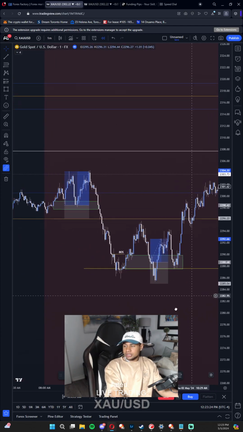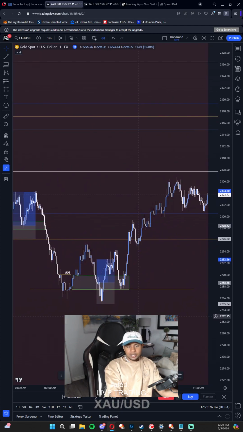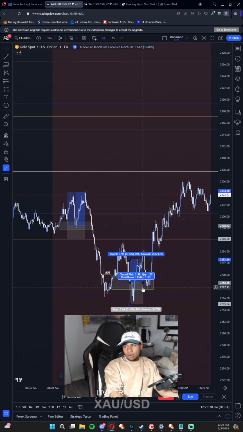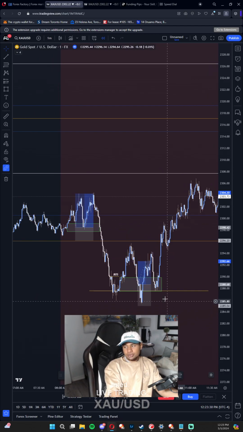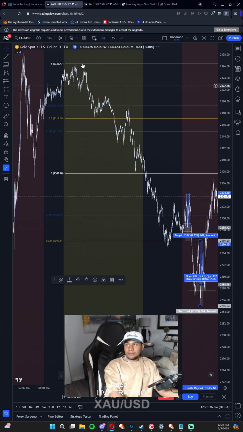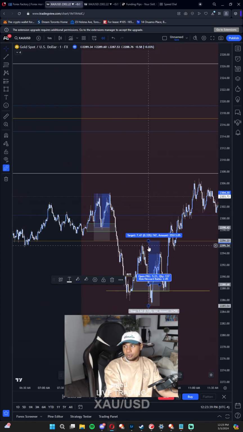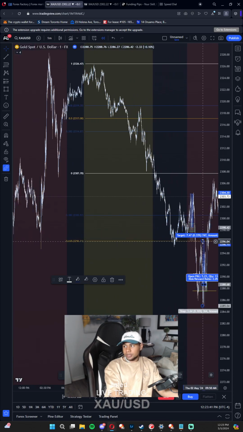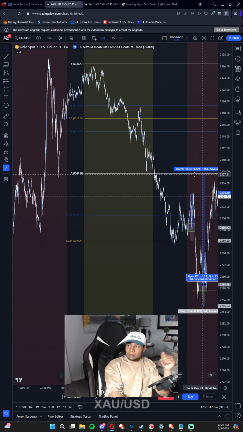Now, where are our take profit zones? Another valid question, and this one's very easy. All we have to do is go up to the zones we had from the fib on the Asian session. So this golden line right here becomes a take profit. This blue line becomes a take profit. This white line becomes a take profit.